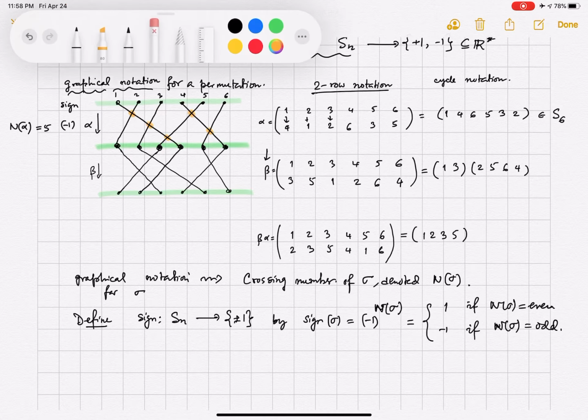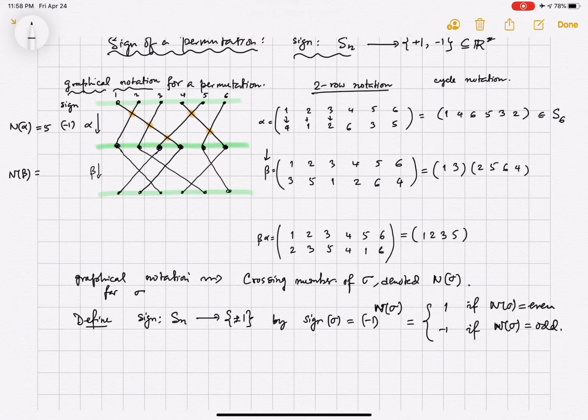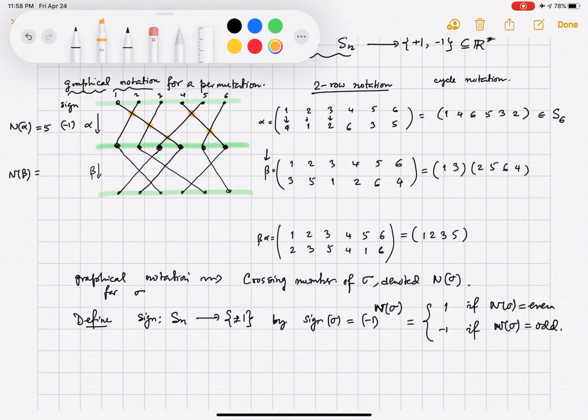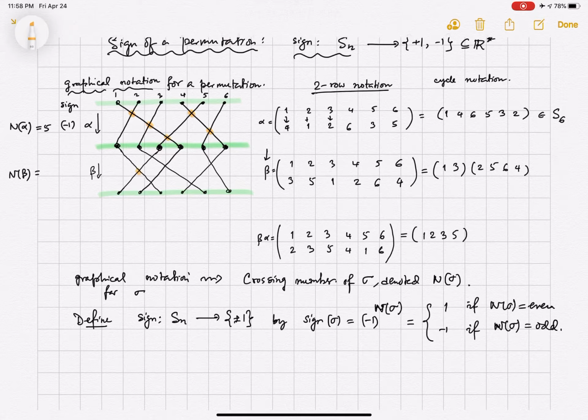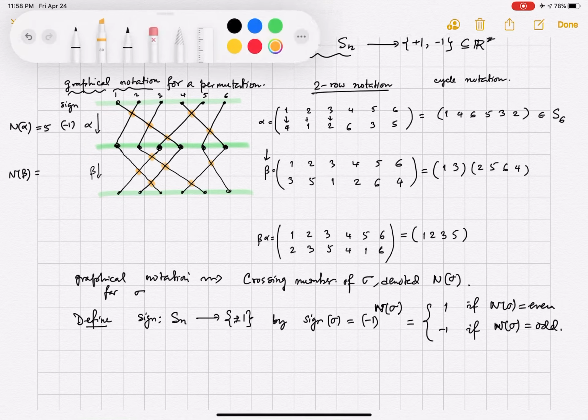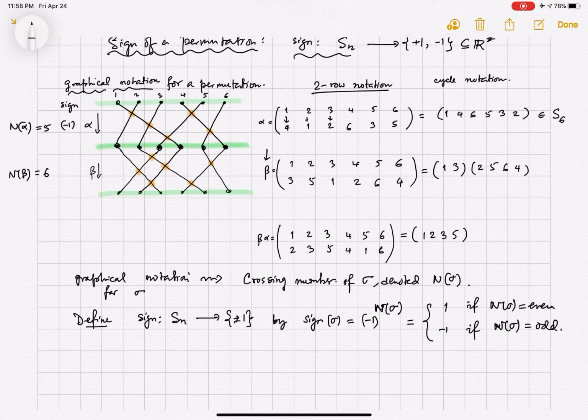So let's calculate the crossing number of beta as well. We count 1, 2, 3, 4, 5, 6. So this one is 6, so it has sign +1.